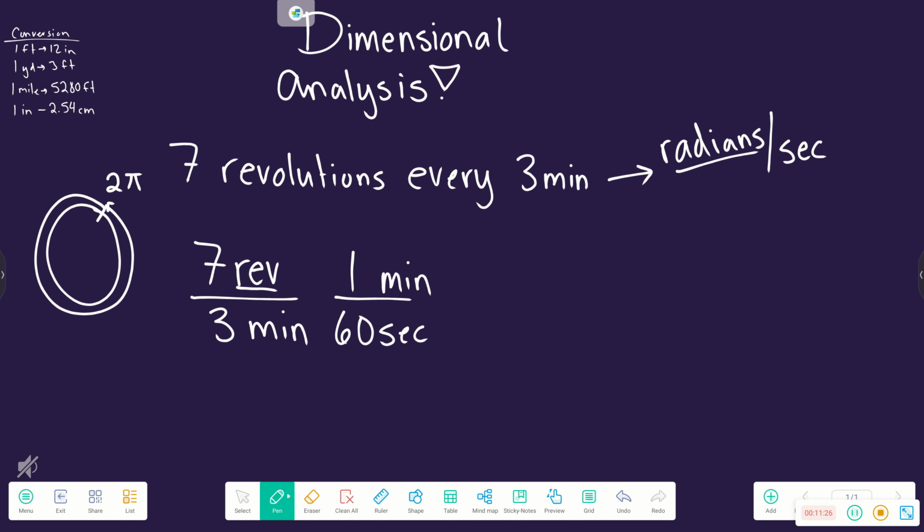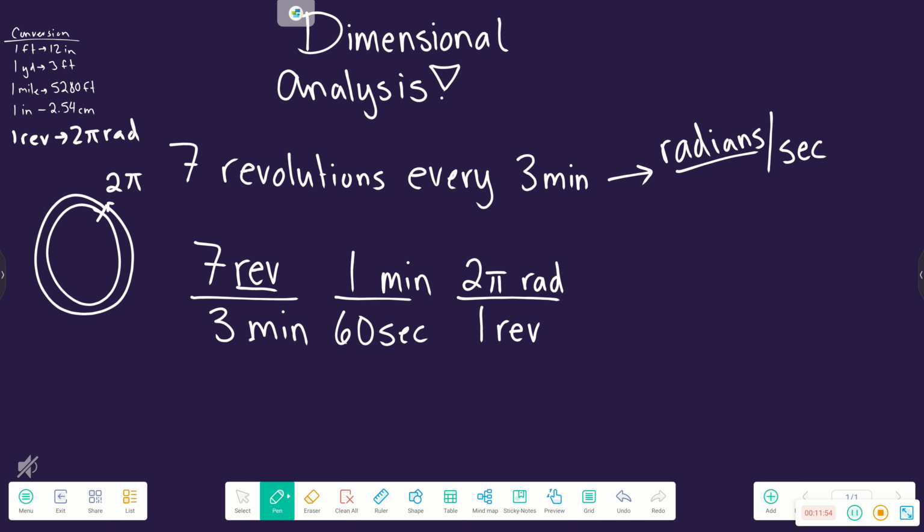So I know that 1 revolution is 2 pi radians. Just call it rad for short, okay? It's the same exact process, except now we have something else to add to our conversions. We have 1 revolution is 2 pi radians.